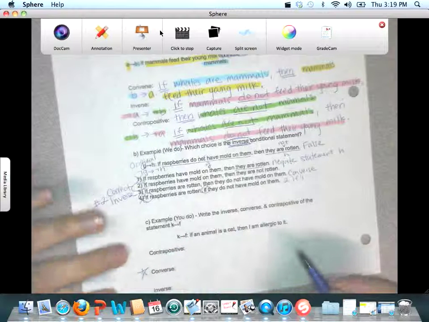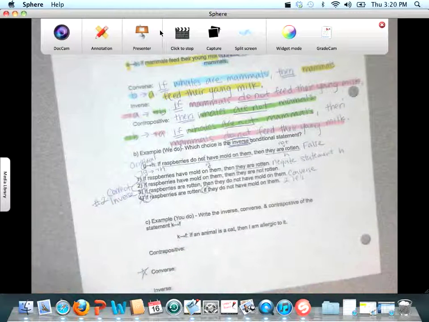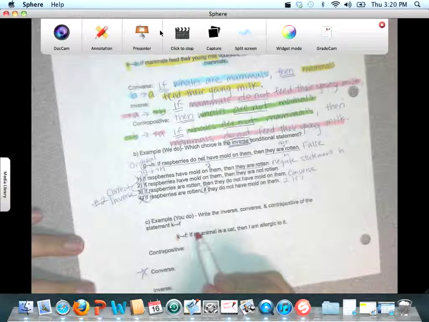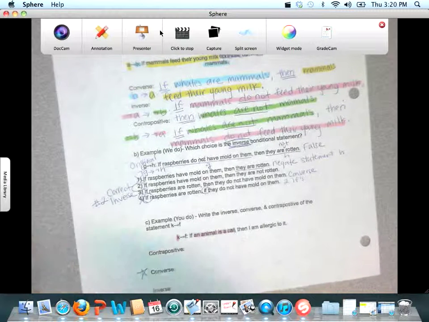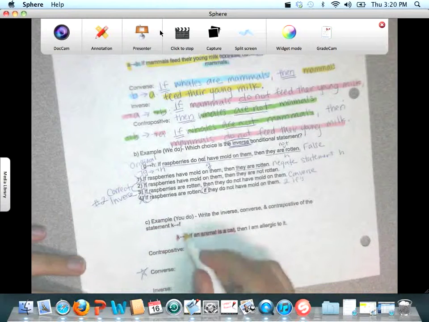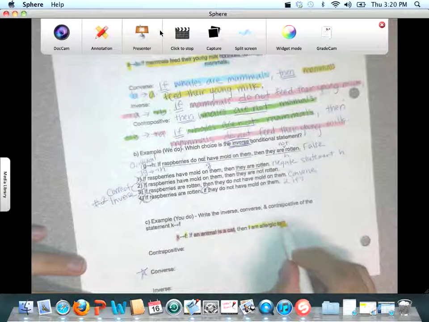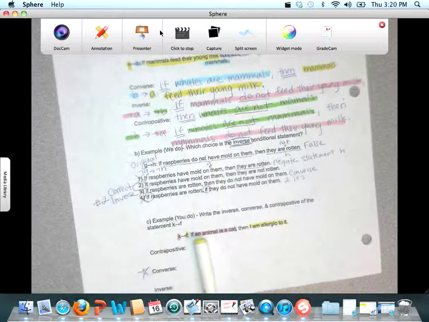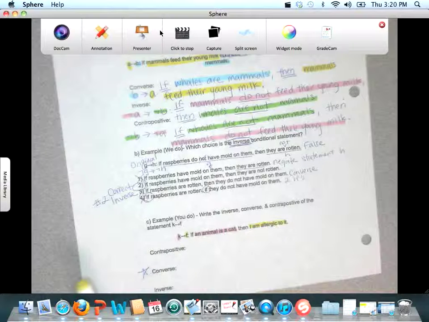So to help me, I'm going to use my colors. I'm going to make K pink, and K is this statement, while F is this statement, right? Because the first statement always goes with the if part, and the second statement always goes with the then part.